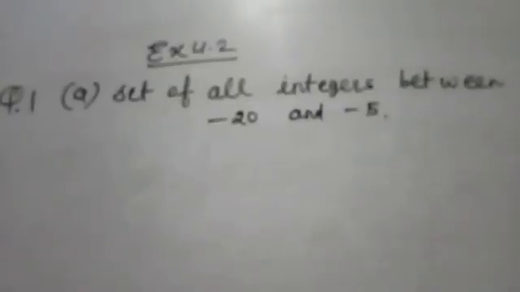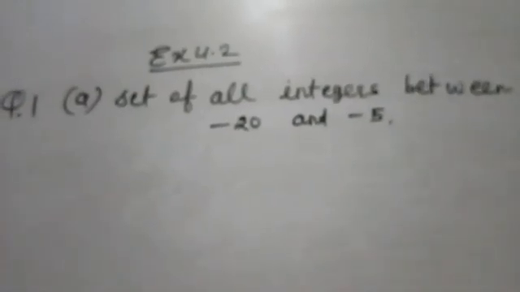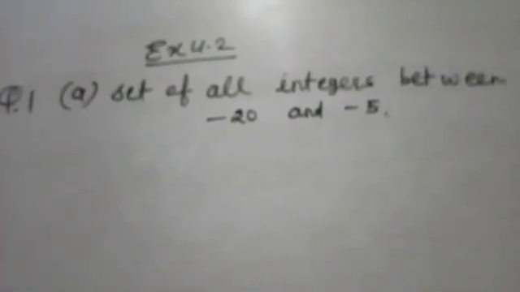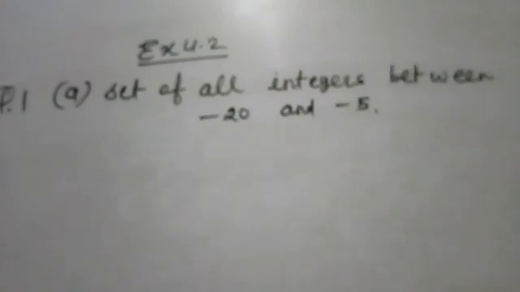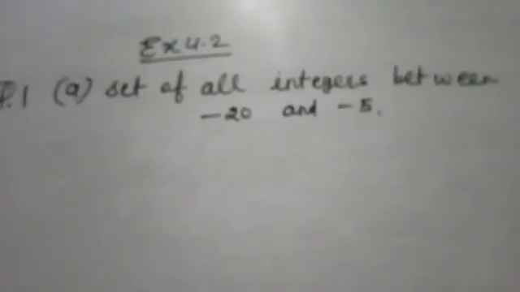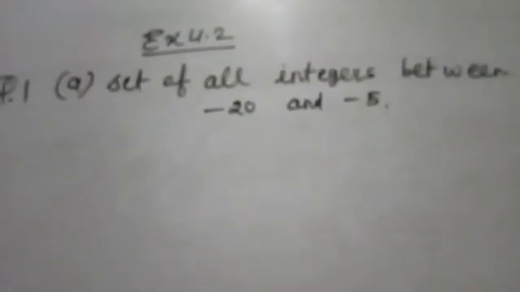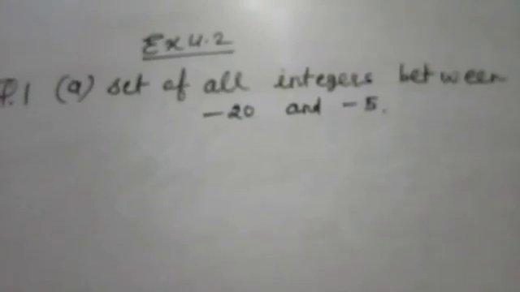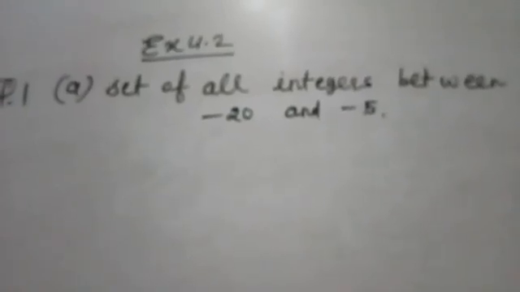This is exercise number 4.2, and our question number 1 is there. Part A: set of all integers between -20 and -5. We have to represent all these elements in roster form.